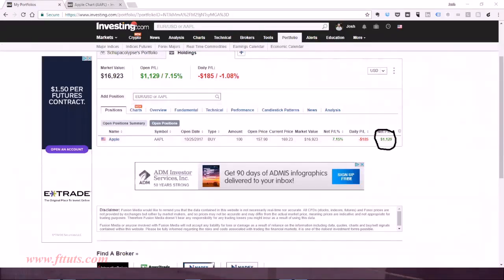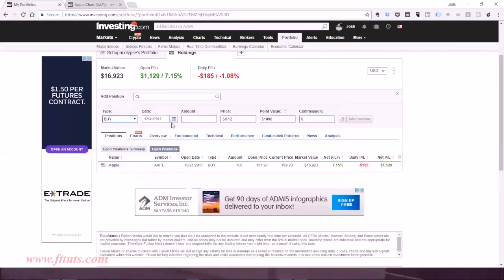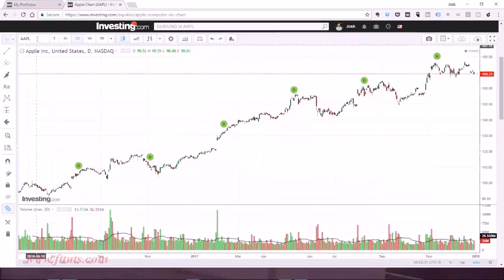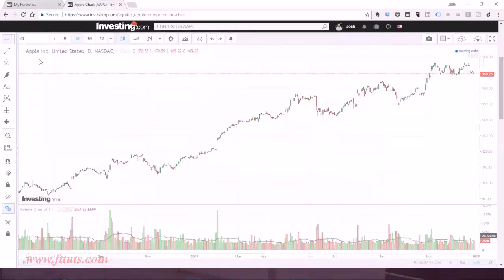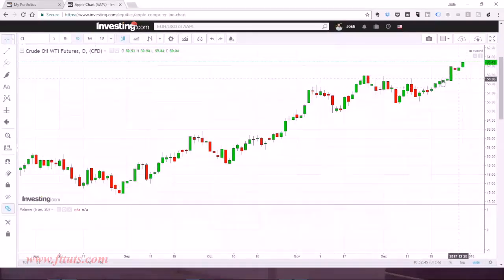All right, let's add a future position in here. We'll use crude oil. And let's look at a crude oil chart here. Let's say that we bought crude. We saw that it was balancing sideways.